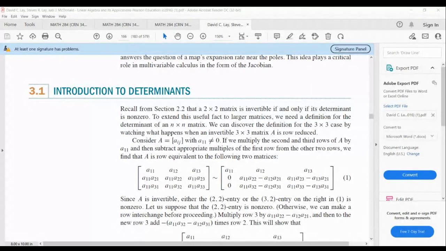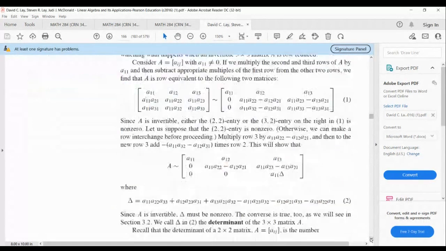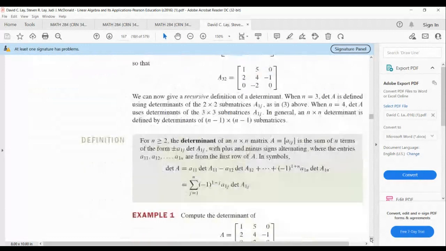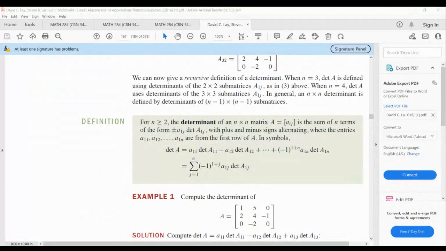So they talk about how the determinant's defined, but this is the linear algebra definition of a determinant. And this approach is called cofactor expansion. You're doing cofactor expansion along the first row of the matrix.